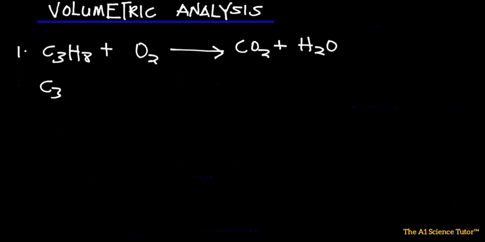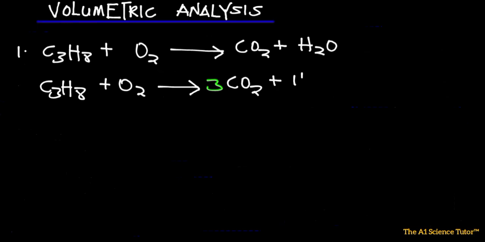So this is what we're going to have: C3H8 plus O2, and here now we're going to have 3 CO2. I think I need to write that using green. Okay. So this is what we have, and of course we've got water there.